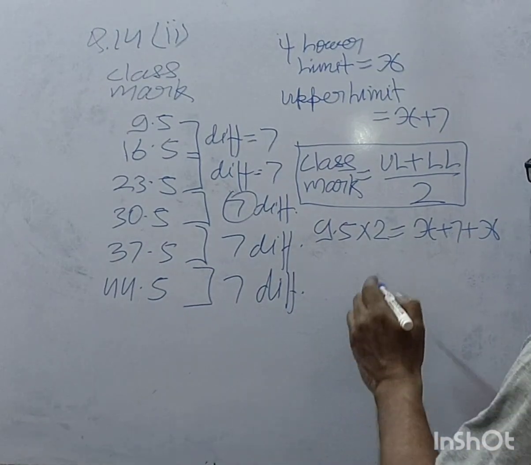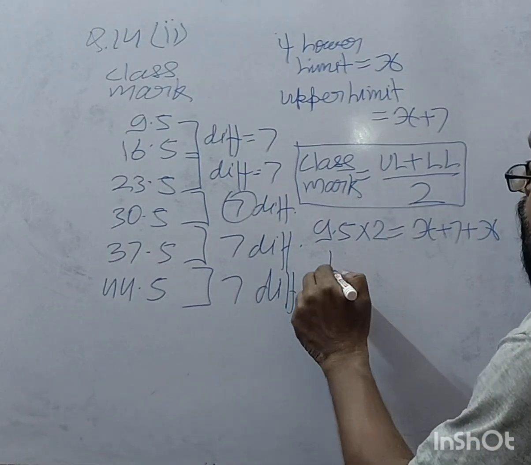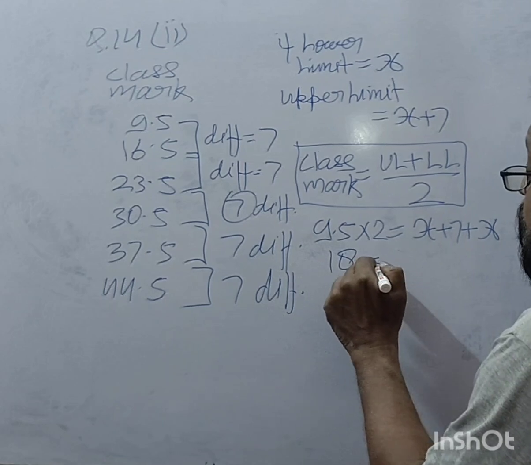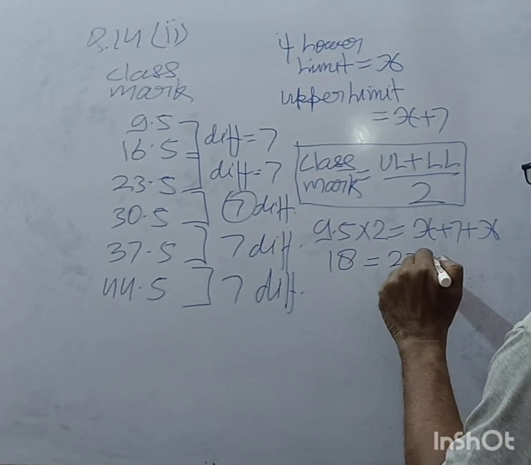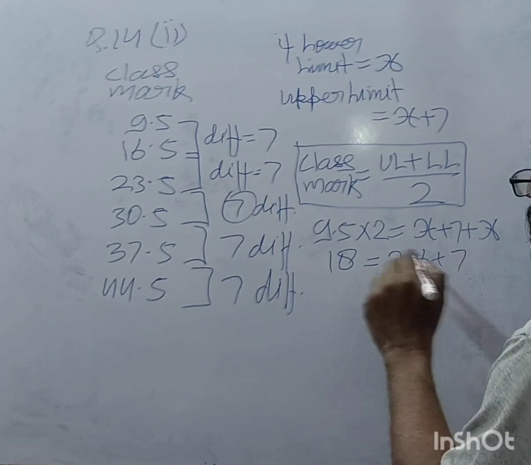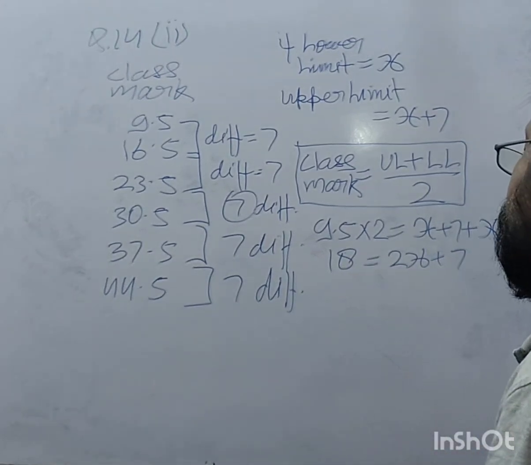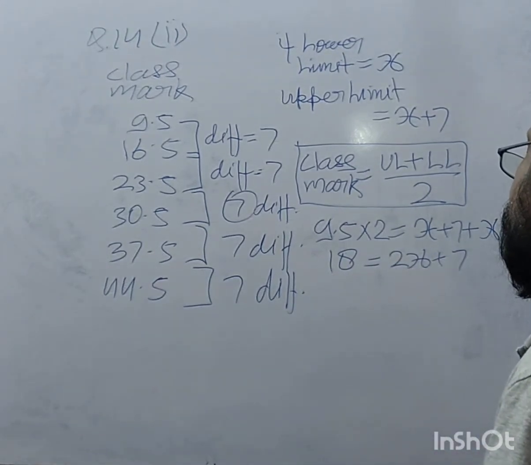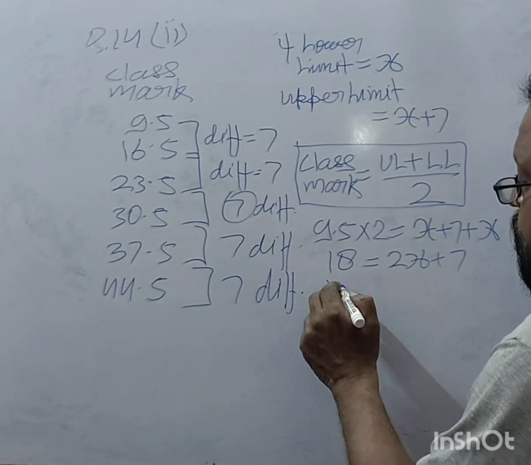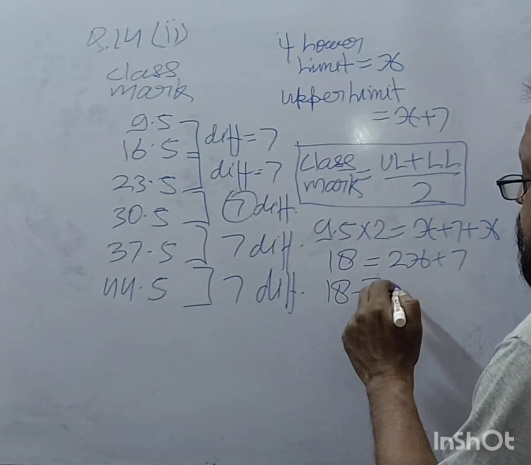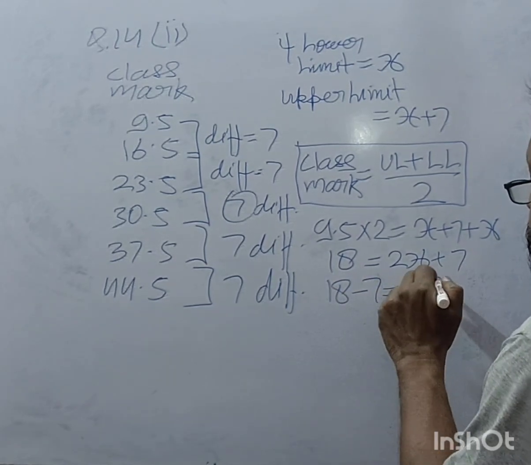So 18 is equal to 2x plus 7. 7 goes here. 18 minus 7 is equal to 2x.